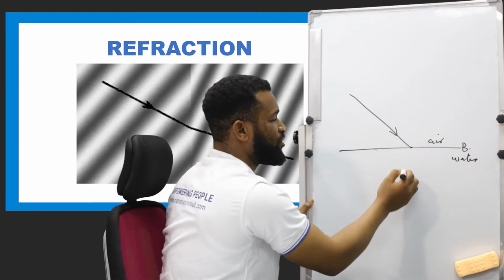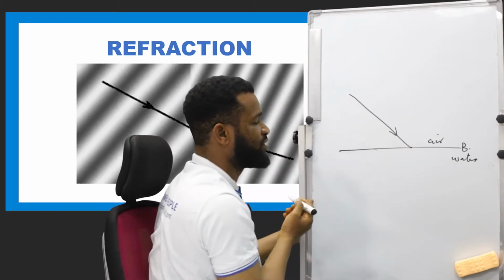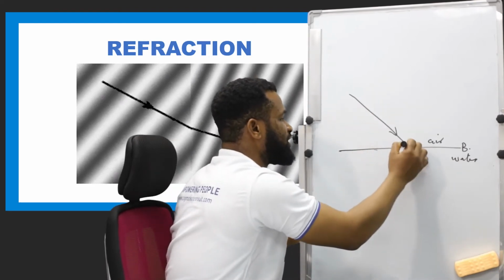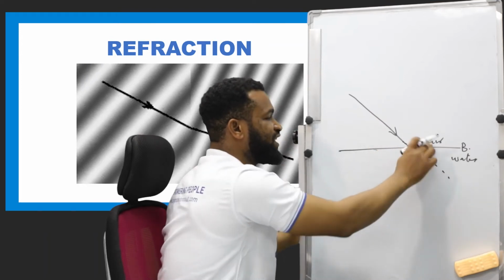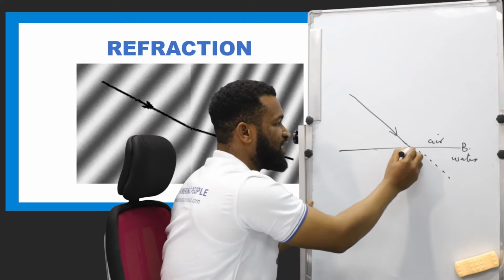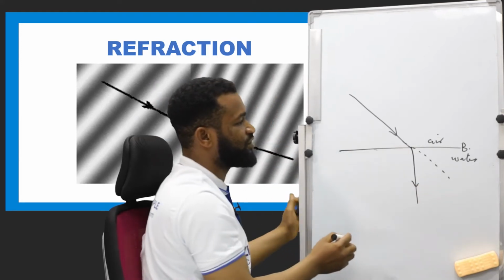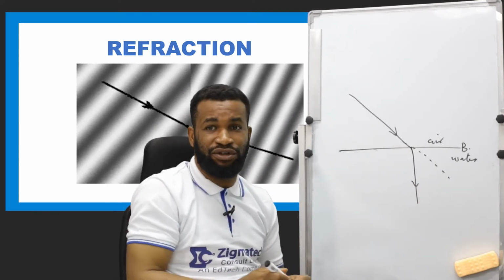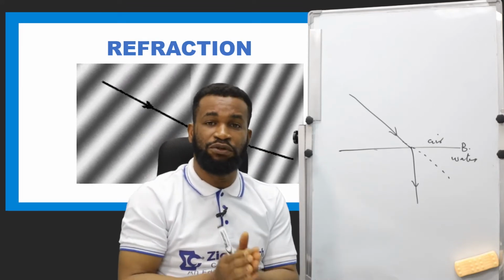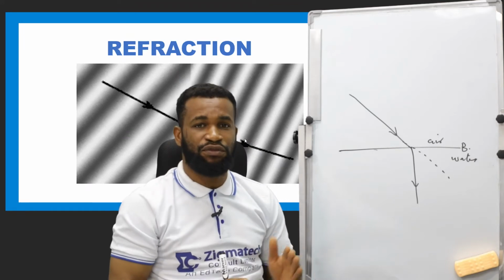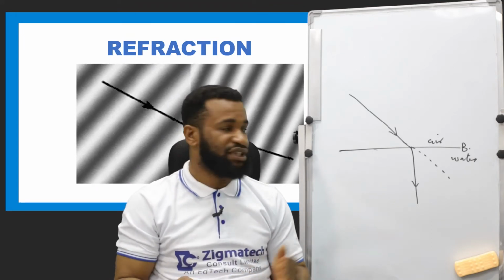Now, at this boundary, instead of this wave continuing to move in this direction, because it entered another medium, which is water, it deviates and moves in this direction. We say that refraction has occurred. So refraction simply means the change in direction or the speed of a wave as it passes from one medium to another.